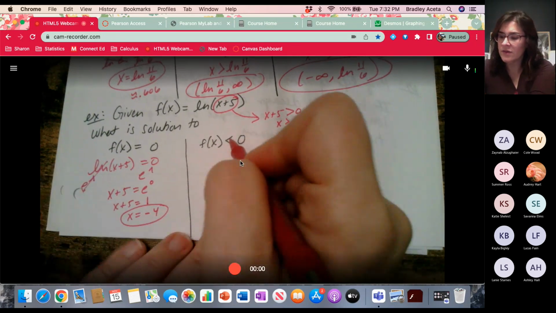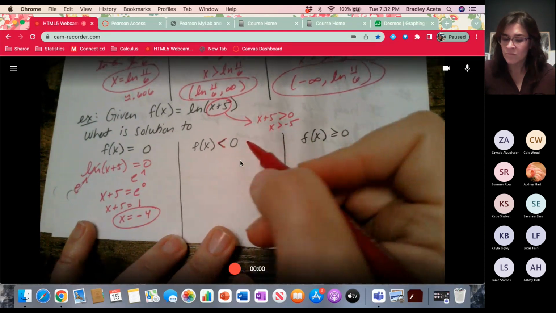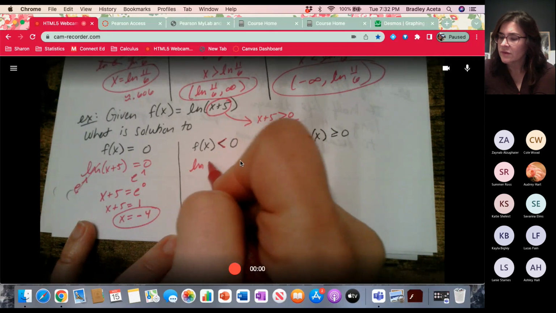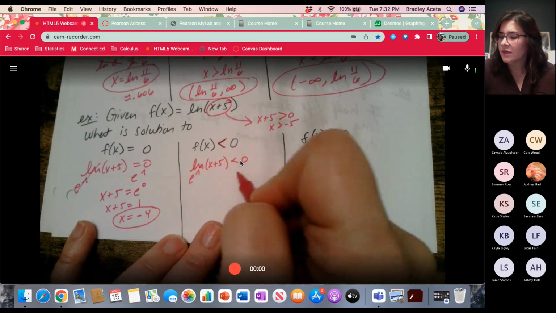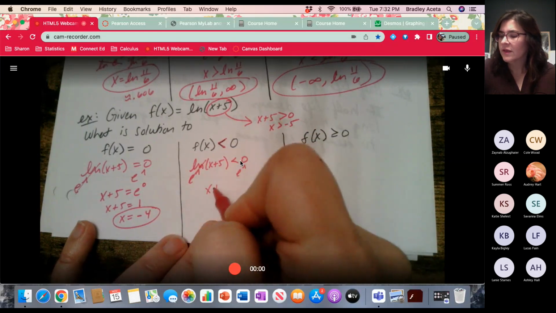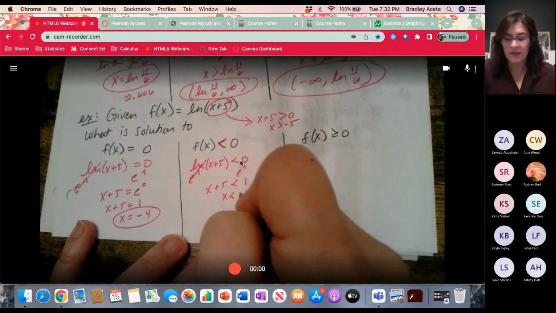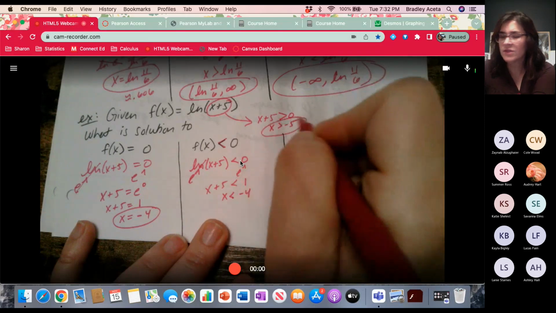This part right here, this less than 0, okay? If you solve ln of x plus 5 is less than 0, and you e it, and you get x plus 5 is less than 1, x is less than -4, you're mistaken because there's still this piece of information right here.